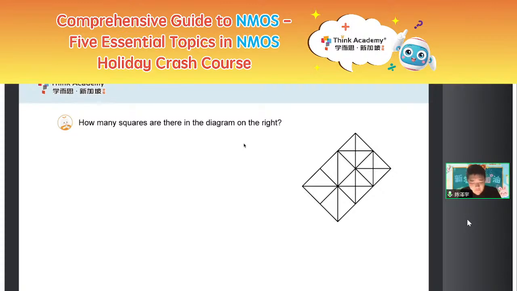All right. So if you ask how many squares are there in the diagram on the right, then you can classify based on the direction of the squares. Oh, slanted square, yes. So you see here for the squares we have the one that looks like this, the normal one, and we also have some slanted squares.